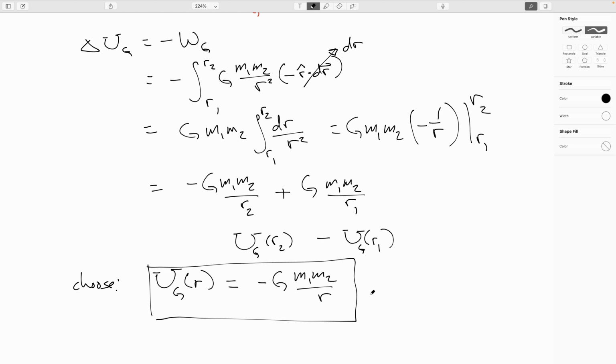And the reason here is if we make this choice, this is saying that the gravitational potential energy of our two masses, if they had an infinite separation, would be 0, which is sensible enough.